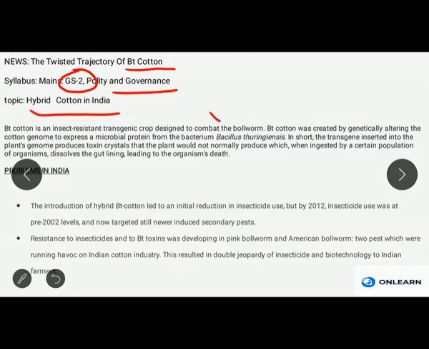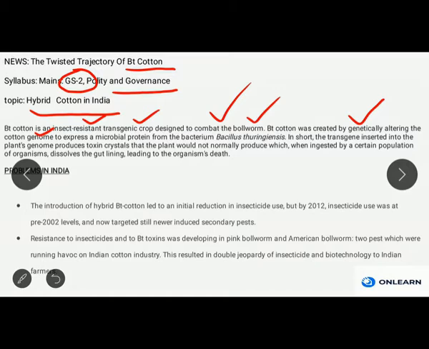First and foremost, we need to understand what is BT cotton, and the problems it has faced in India. BT cotton is an insect resistant transgenic crop designed to combat the bollworm. BT cotton was created by genetically altering the cotton genome to express a microbial protein from the bacterium known as Bacillus thuringiensis.